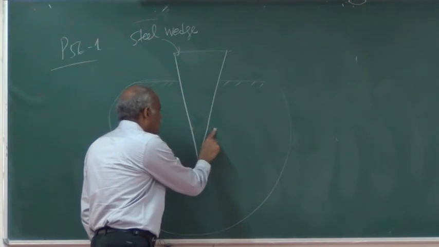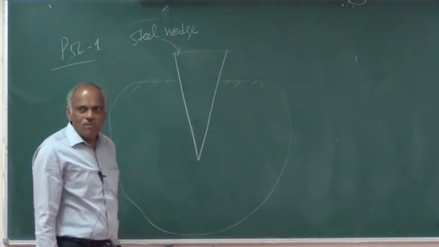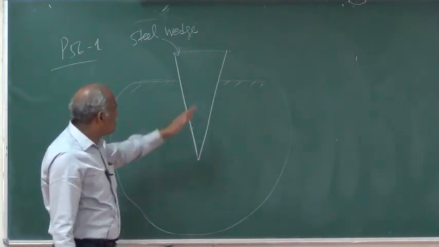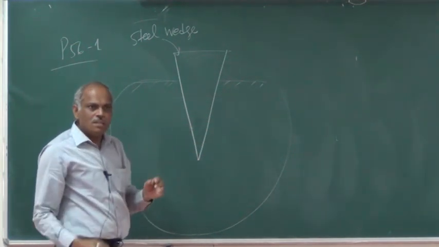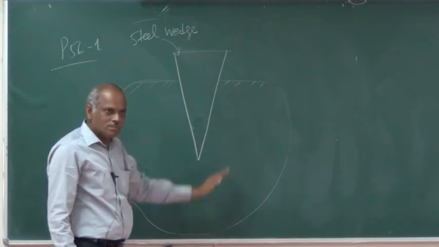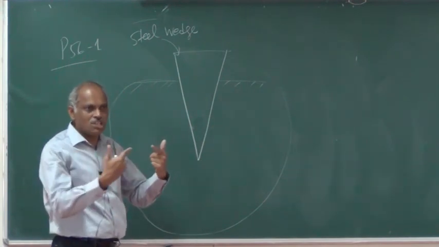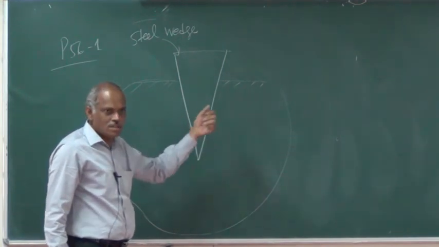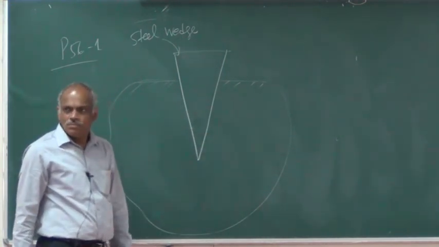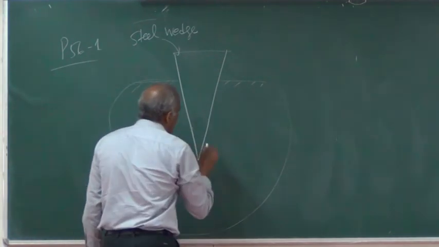Right? All that we know is the wedge has some plane surface, and that is interacting with your wood. So there will be reactions coming from the side surfaces of the wood. So you will have some reaction here.